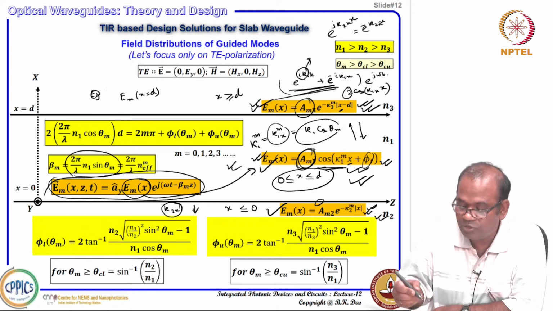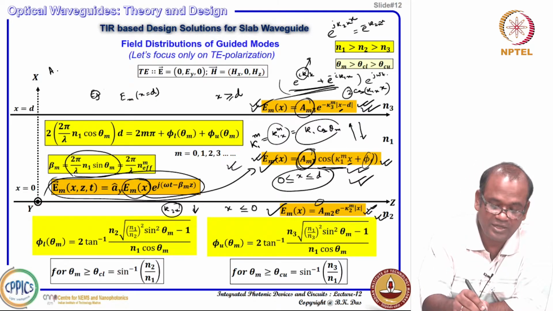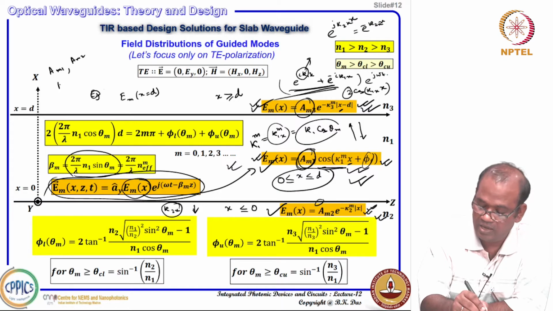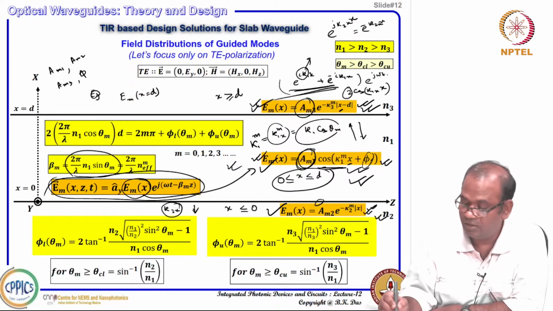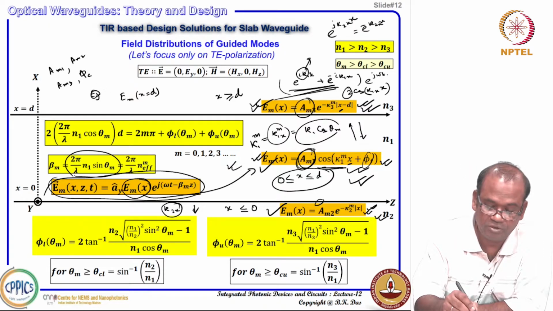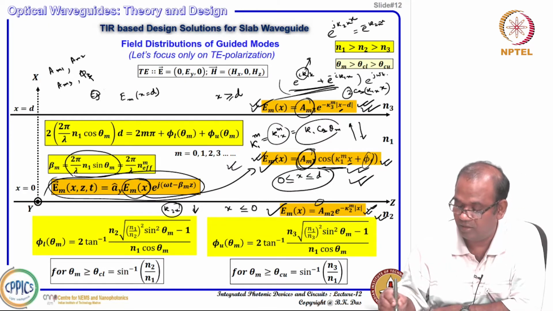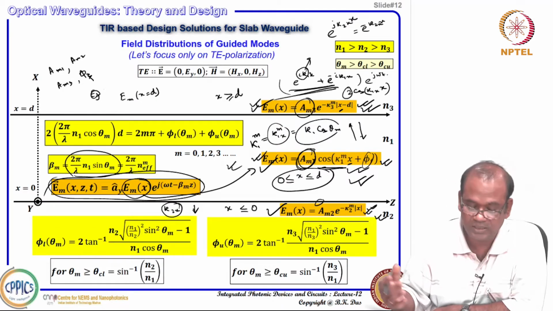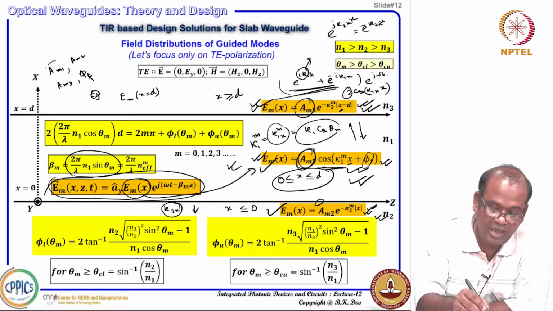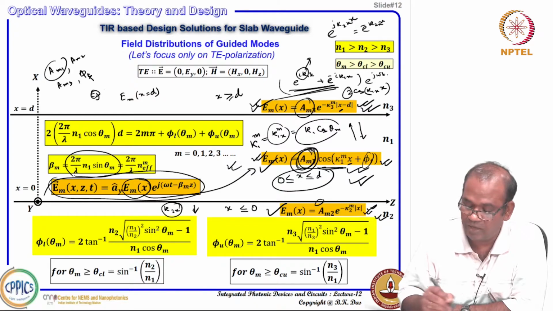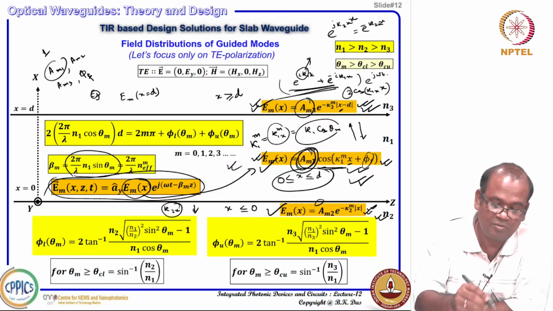In this way, using those equations, I can find the relationship between AM1, AM2 and AM3, and also the phase value phi f. Once I solve all this, I can consider AM1, whatever value you are getting, and normalize it to 1.